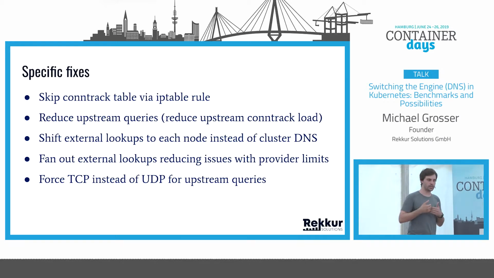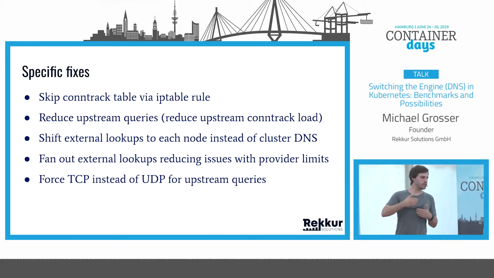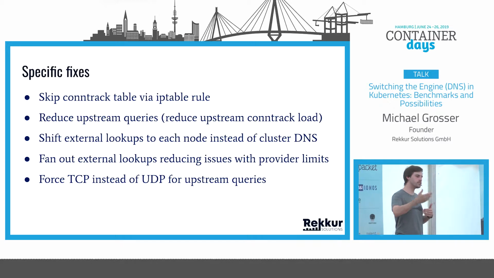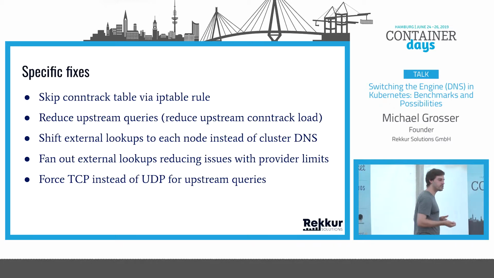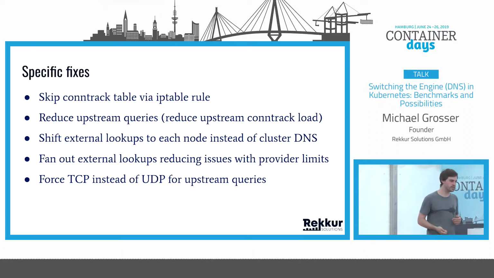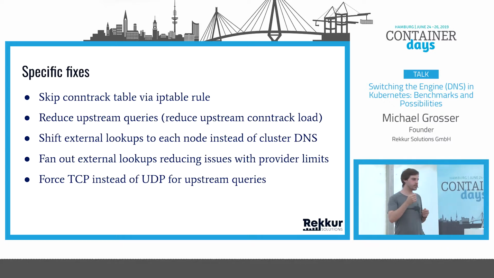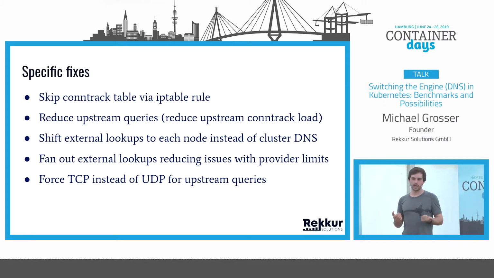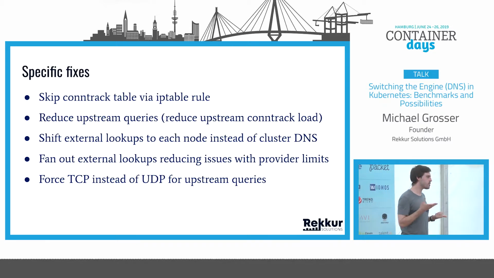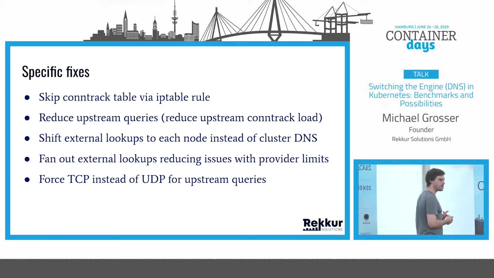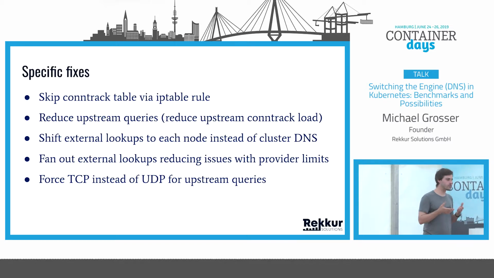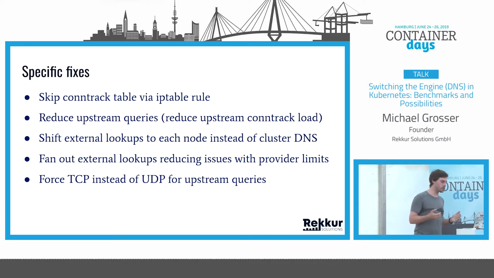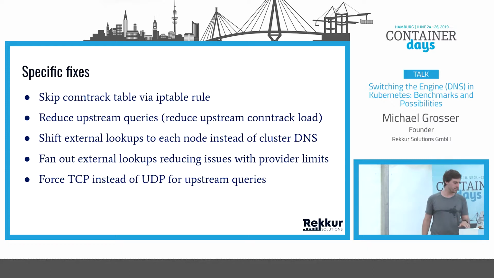Because we only connect to one upstream, we can persist the connection, reducing the overhead overall. So we reuse the same TCP connection for all incoming queries, and basically have a standing connection to the DNS upstream, which furthermore circumvents UDP being dropped into the conntrack table, and at the same time removes any reliability issues because of the network with UDP packet drops.